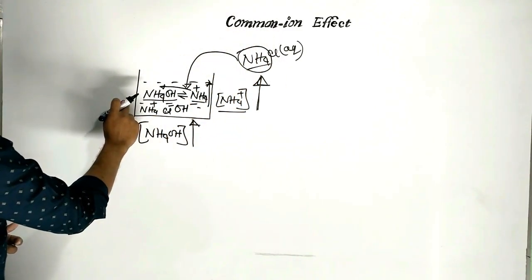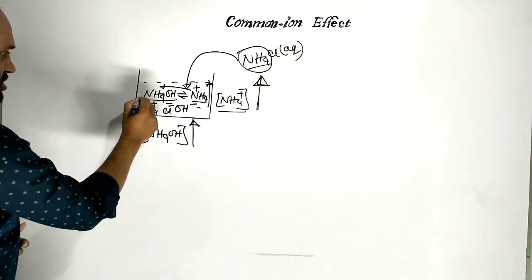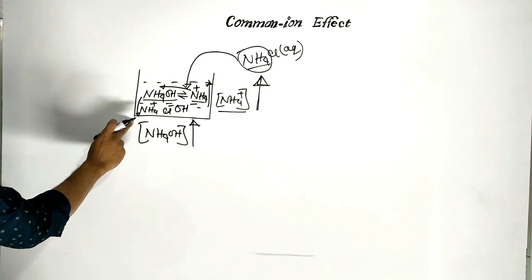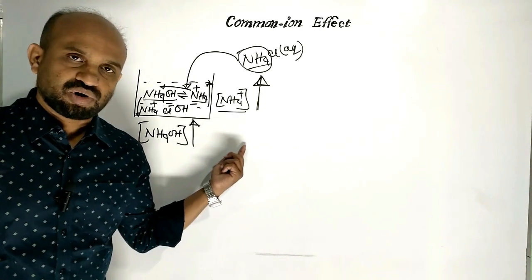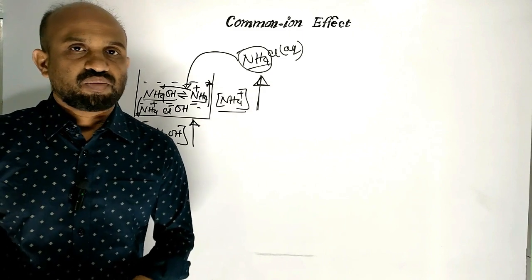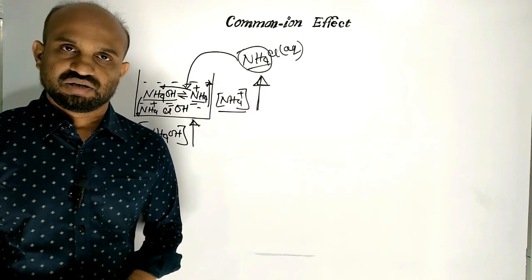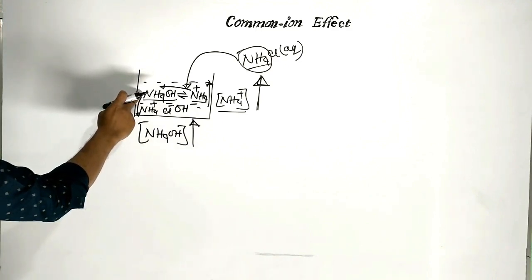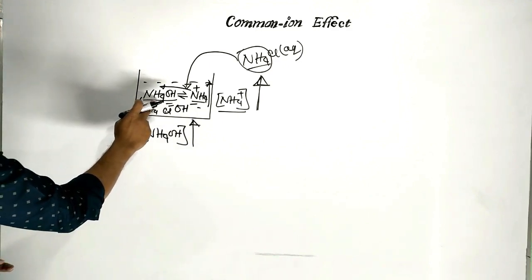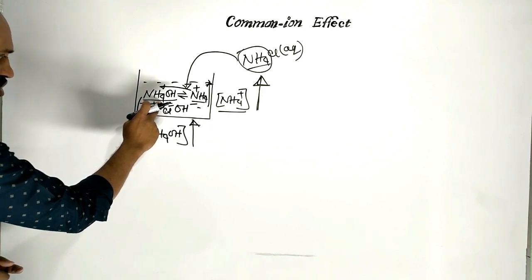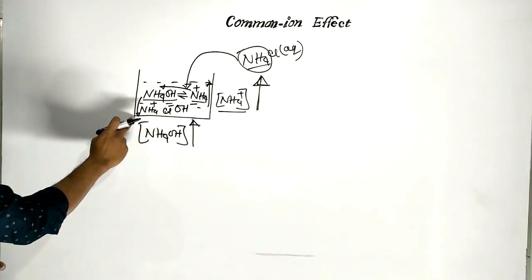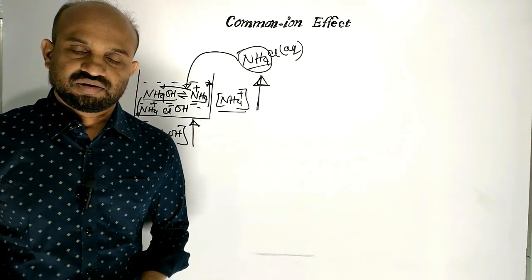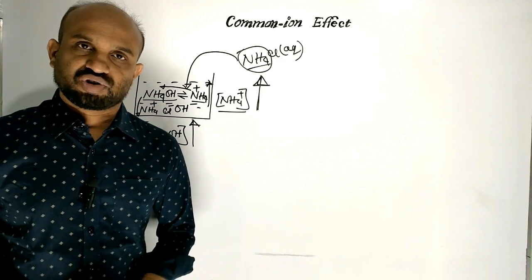At one stage, ammonium hydroxide deposits as precipitate. That is, due to common ion effect, solubility of weak electrolyte is decreased. When solubility of weak electrolyte decreases, this weak electrolyte forms precipitate. Precipitation occurs due to common ion effect.